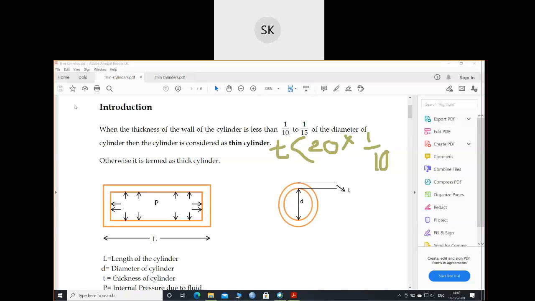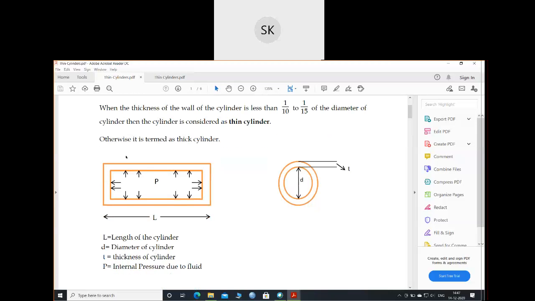Basically thin means the thickness will be less. Otherwise, if the thickness is more, then it will be considered a thick cylinder. If you take a rectangular sheet of some thickness, where L is the length of the cylinder, D is the diameter, T is the thickness, and P is the internal pressure due to fluid, and you roll it out, you will get a cylindrical shape.